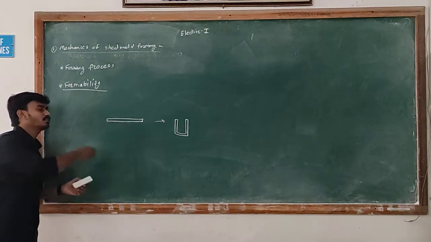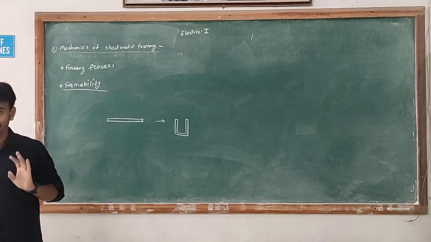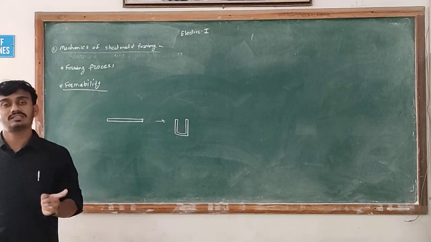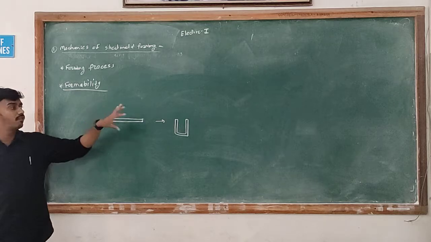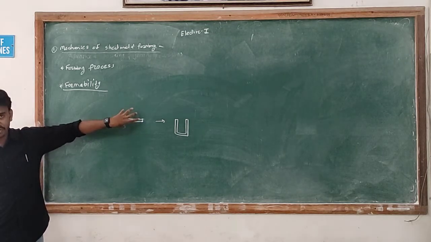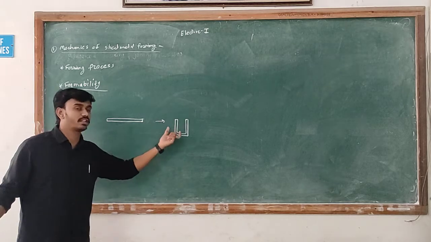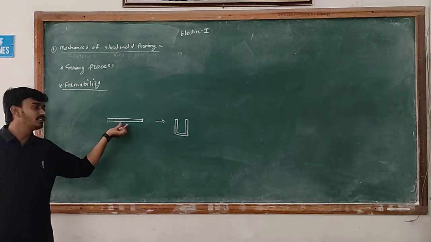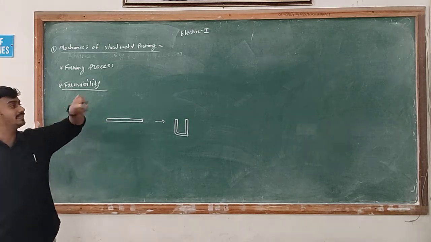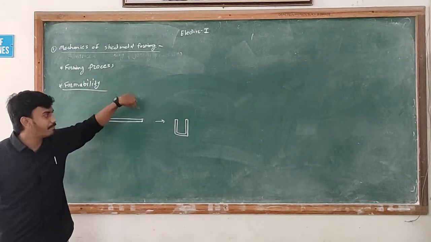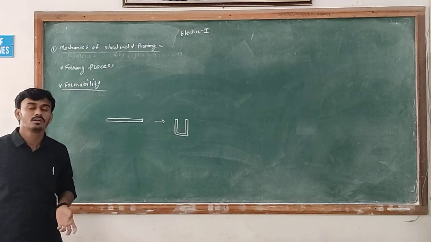But suppose the same sheet is made up of glass, and I want to convert this sheet into this U shape.